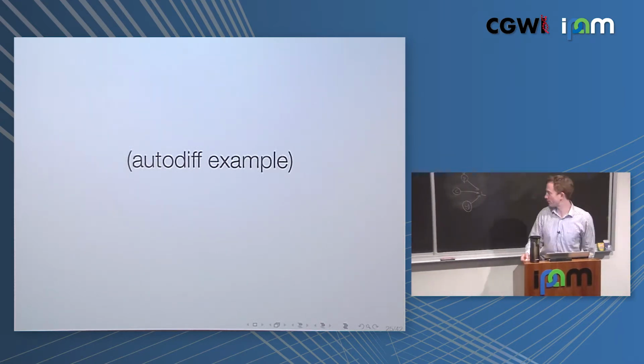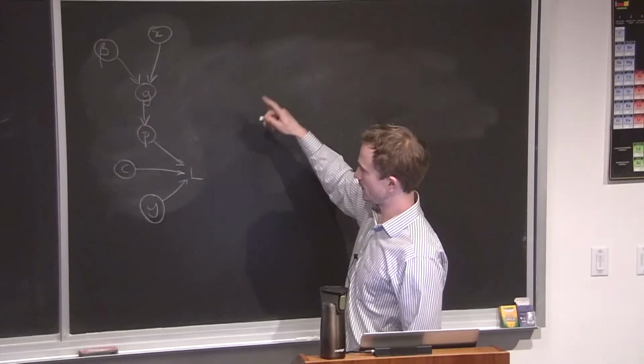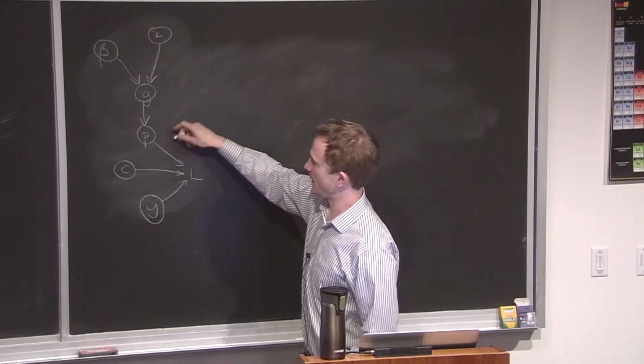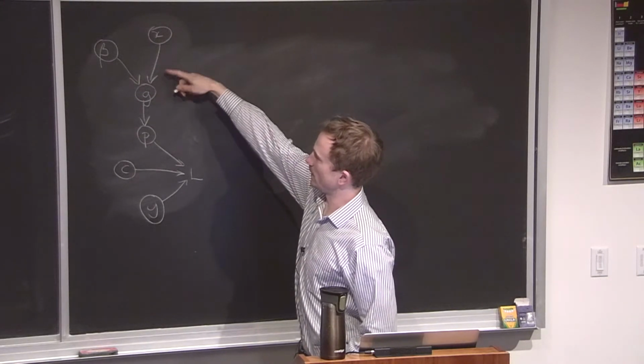So I wanted to show what this would look like for the particular model I'm showing, which is here. I've broken this down a little bit more just to say that the probability vector here is just a softmax of this G, and this would be multiplication.